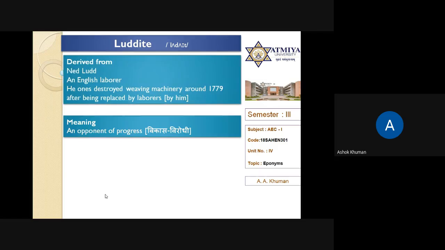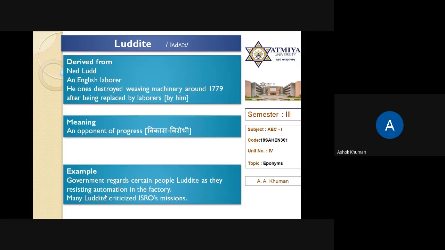Luddite, another word. Okay, in the beginning of the Industrial Revolution, what happened? In the 18th century, in the factories, people were replaced with machines, with the invention of the machine. So there was one laborer whose name was Ned Ludd, and Ned Ludd was very angry.